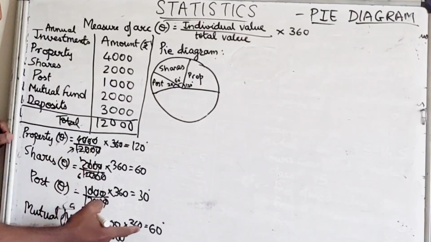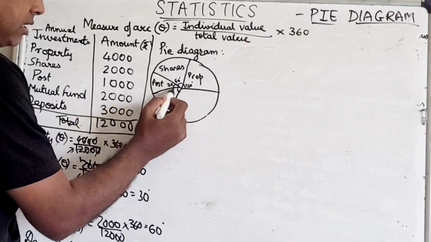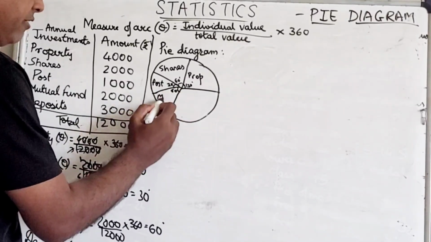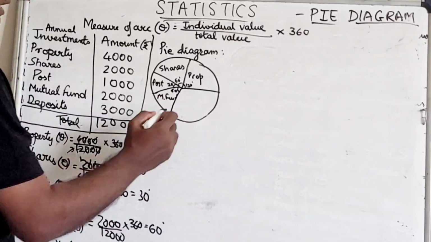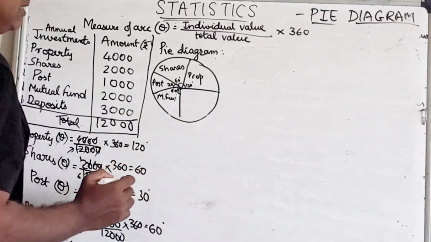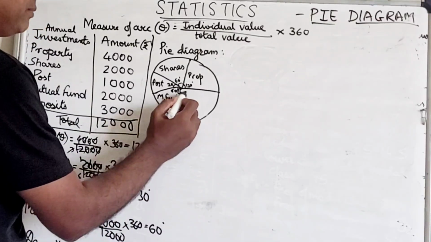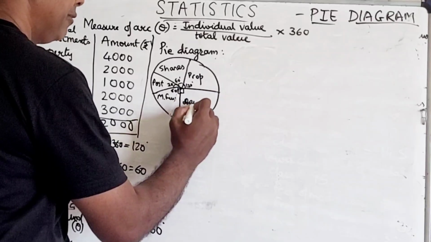Mutual funds are 60 degrees. Again, keep it on this and take 60 degrees. The rest remaining automatically should be on this side. When you use the protractor, you'll get the exact thing. That is deposits, 90 degrees.